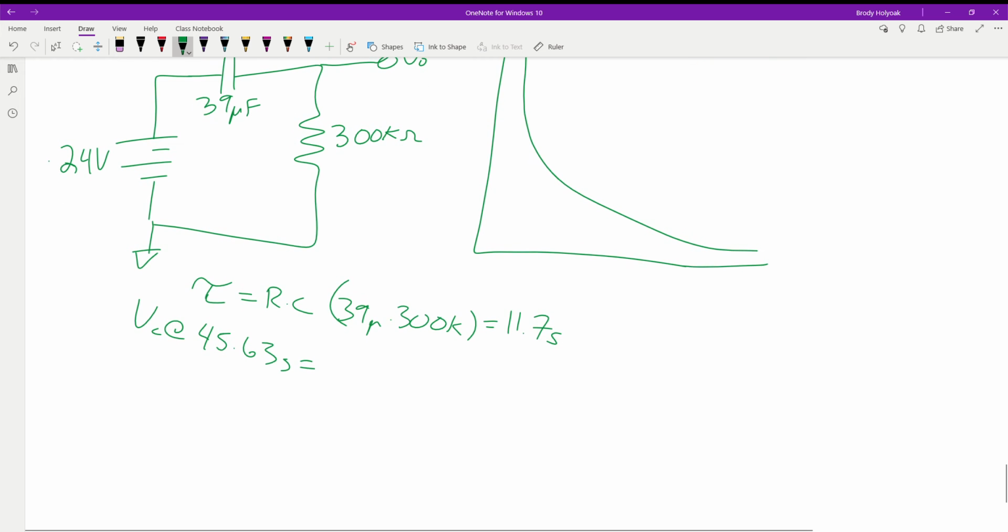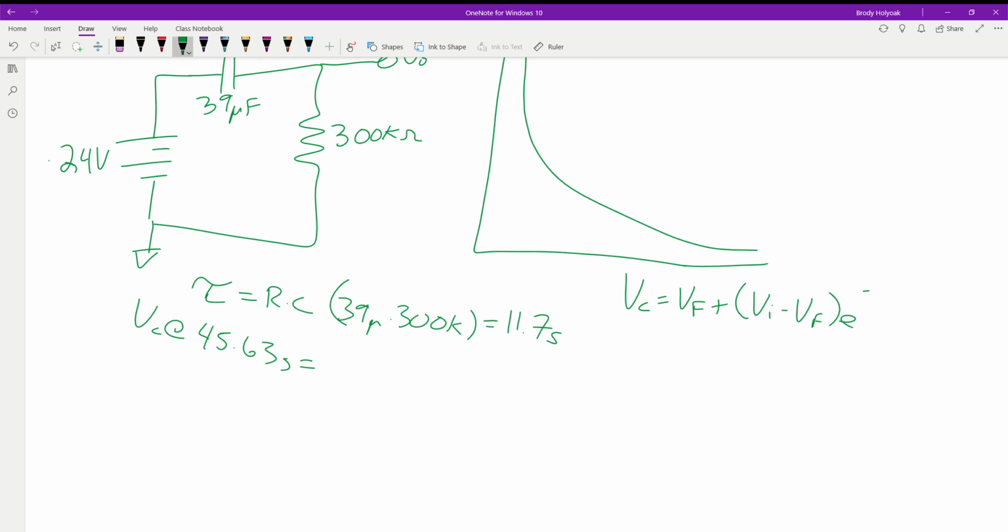Okay, so how do we set this equation up? We want to know what the voltage of the capacitor is, so which formula are we going to use? The instantaneous voltage. We want to know how much voltage it's going to be at this time, so we just plug in every value and solve for it.